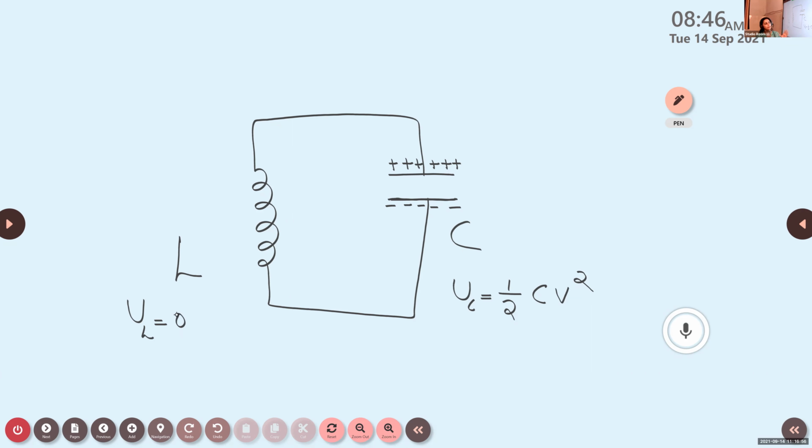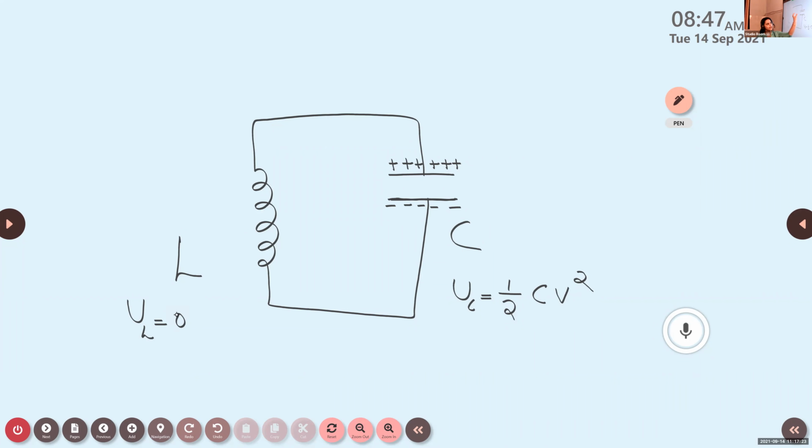Now, whenever the capacitor attains a maximum charge, we remove the battery. After the capacitor attains the maximum charge, we remove the battery. Then what happens? The capacitor starts to discharge. So initially there is no charge in the capacitor and inductor, but with the help of a battery, we charge this capacitor.